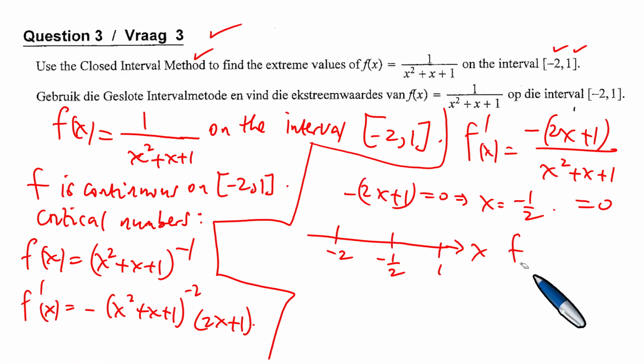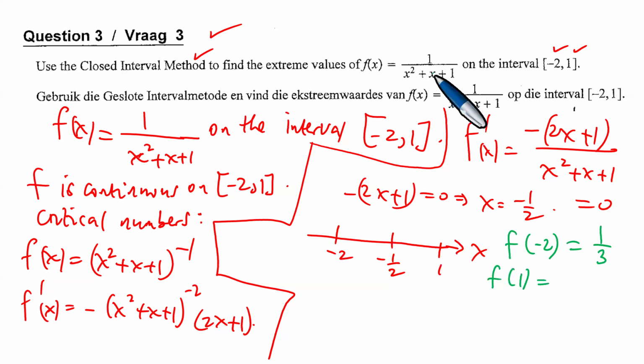For example, f of minus 2: put in the place of x here, you have minus 2 squared giving us 4, minus 2, which is 2, plus 1, 3. And this gives us 1/3. f of 1 is going to be 1/3.